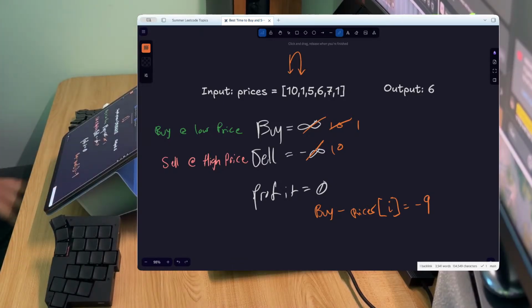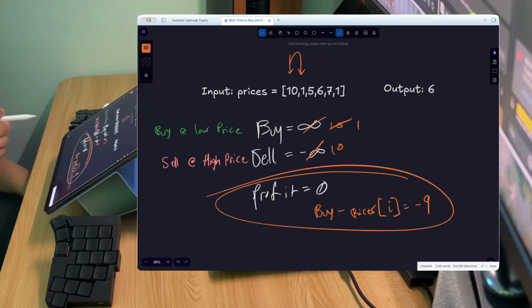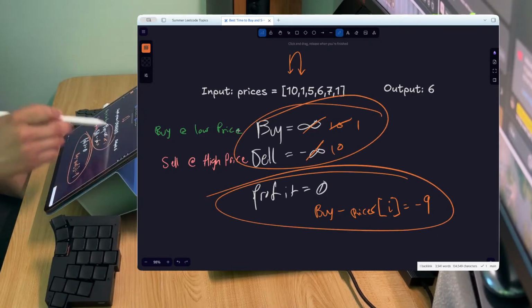Okay, so we have a profit of a negative value. So we should not make the transaction. I think we do this first, right? Before we update buy and sell.